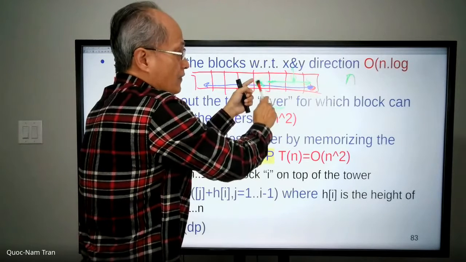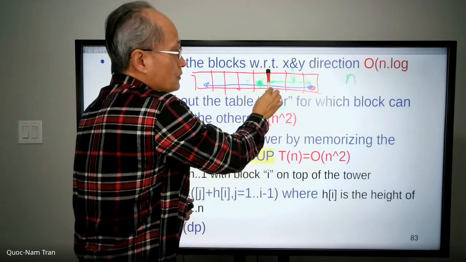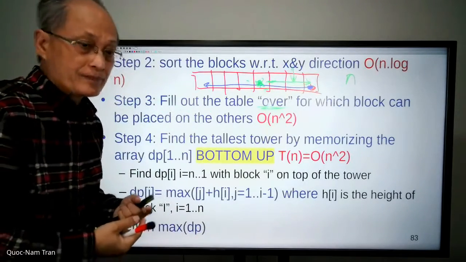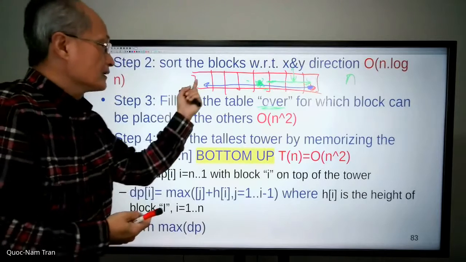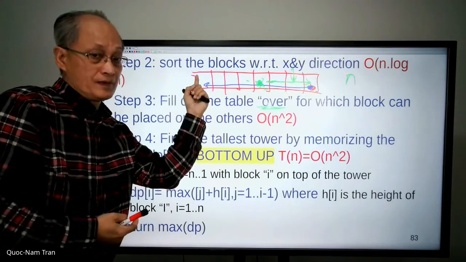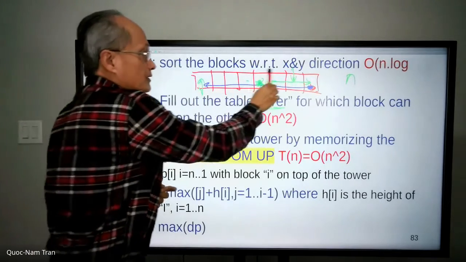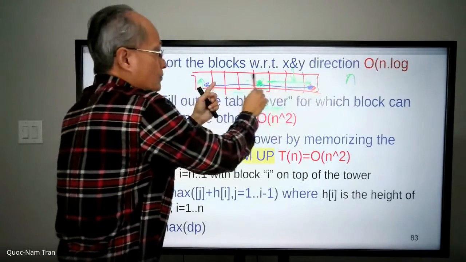So for every cell, we have to look back at most n values, right? More precisely, when we have the first place here, we have to check n minus 1. This one we check n minus 2.